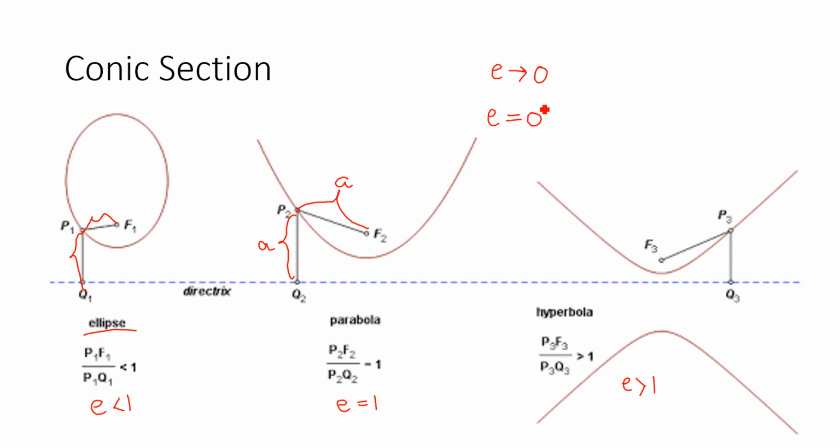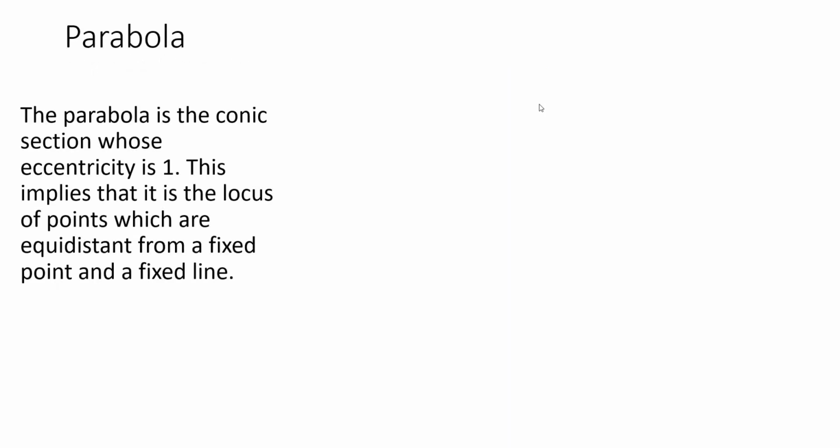Now, let's move. When we say parabola, the parabola is a conic section whose eccentricity is equal to 1. That's what I mentioned in the previous slide. This implies that it is the locus of points which are equidistant from the fixed point and a fixed line. So when we say locus of points, these are the points on the graph.